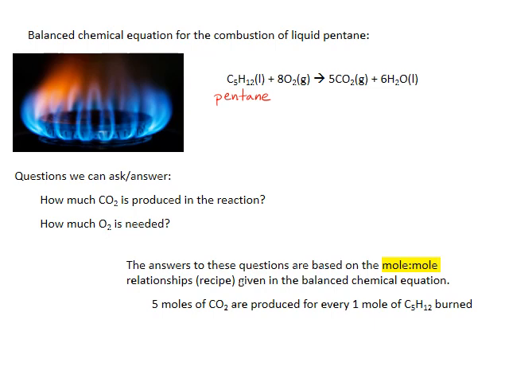For example, the balanced chemical equation tells us that 5 moles of carbon dioxide are produced for every 1 mole of pentane burned. Similarly, 8 moles of oxygen are needed for every 1 mole of pentane.